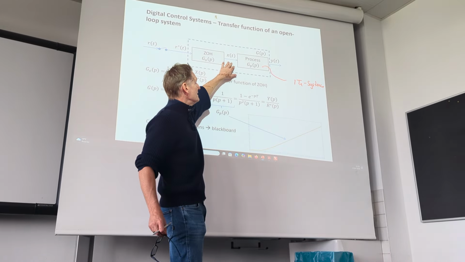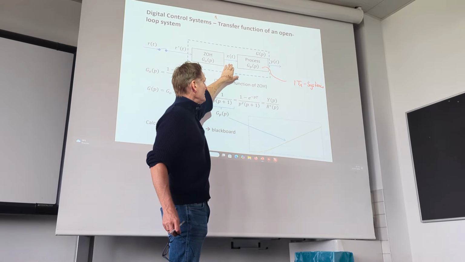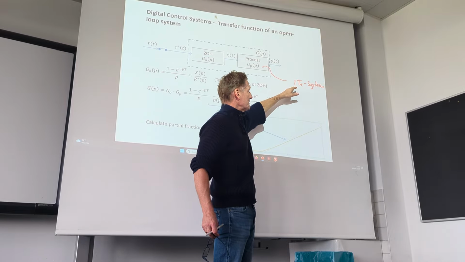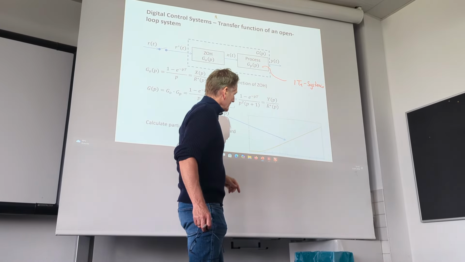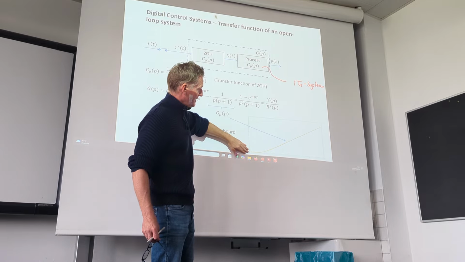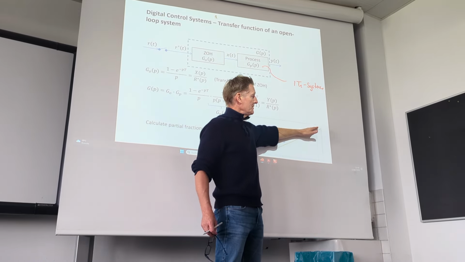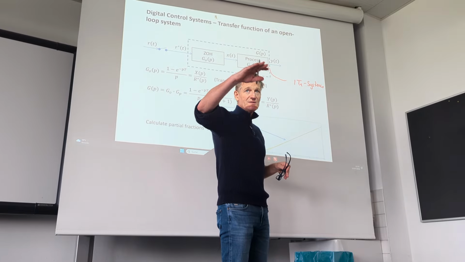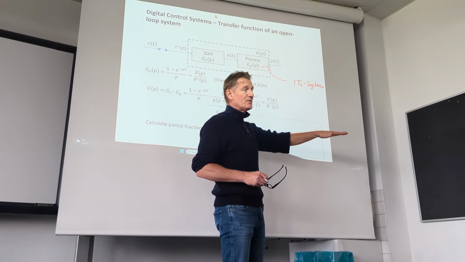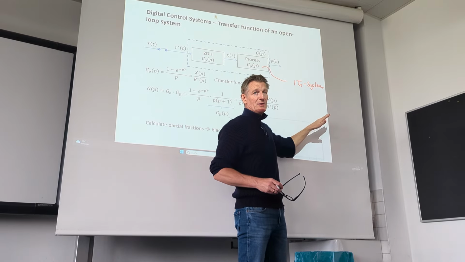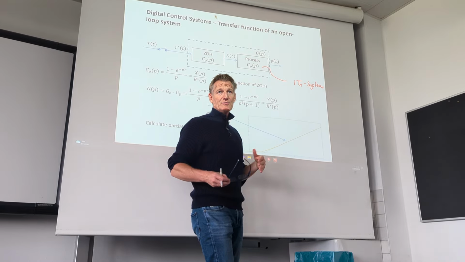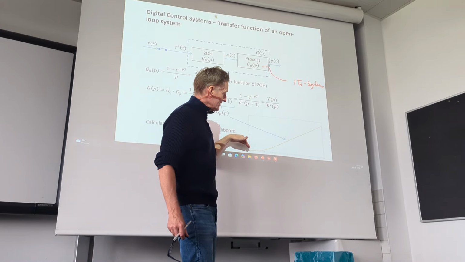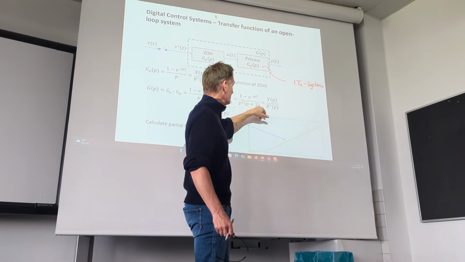So if we apply a step here at x, then with such a stationary integrating system with first order delay, we will get a step response that looks like that. So we see the integrating behavior. If we do the excitation with a constant step, it remains constant forever, then the system reacts with a ramp at the output, because it's the integrated step. If you integrate a step, then you get a ramp. But it's a delayed ramp because of this pole here.